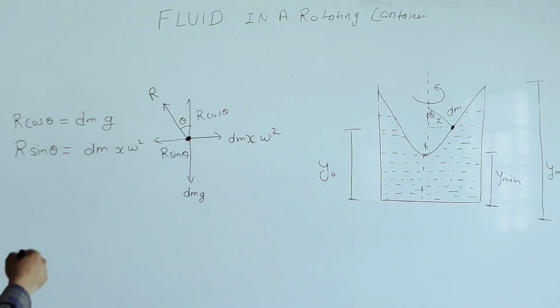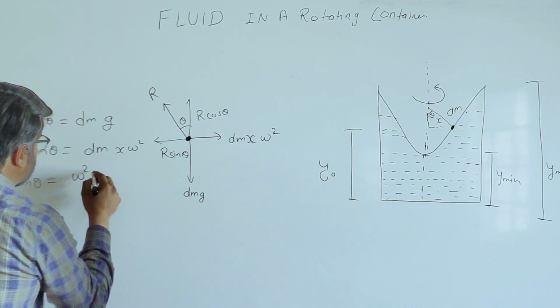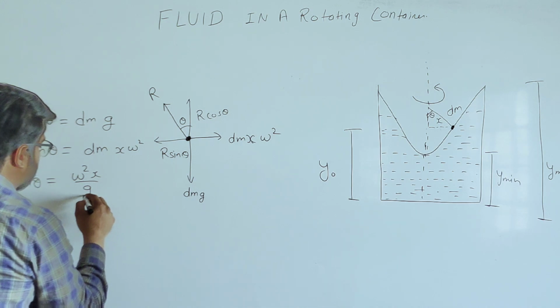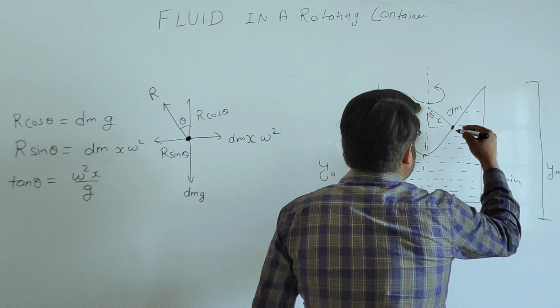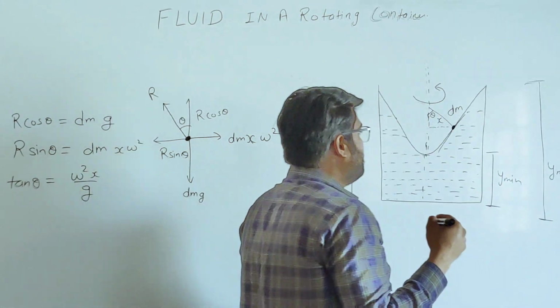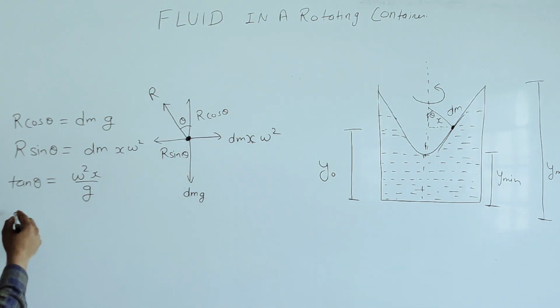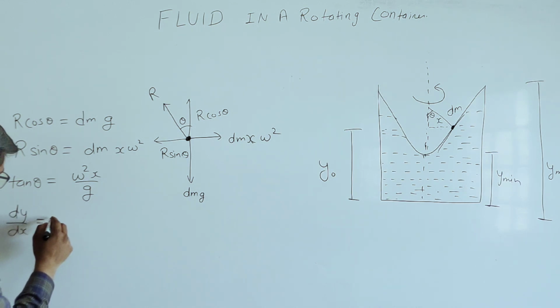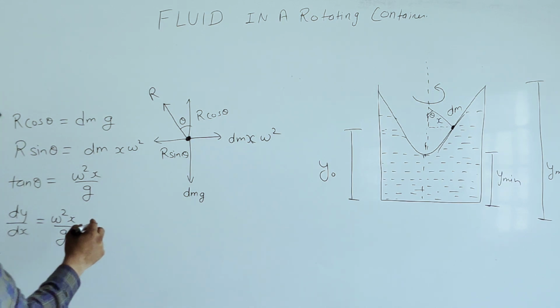If we divide these two equations, we have tan theta equal to omega square into x by g. Now if we draw the tangent at this mass, we get the slope, and that slope equals tan theta, which is dy by dx. So we can write dy by dx equal to omega square x by g.